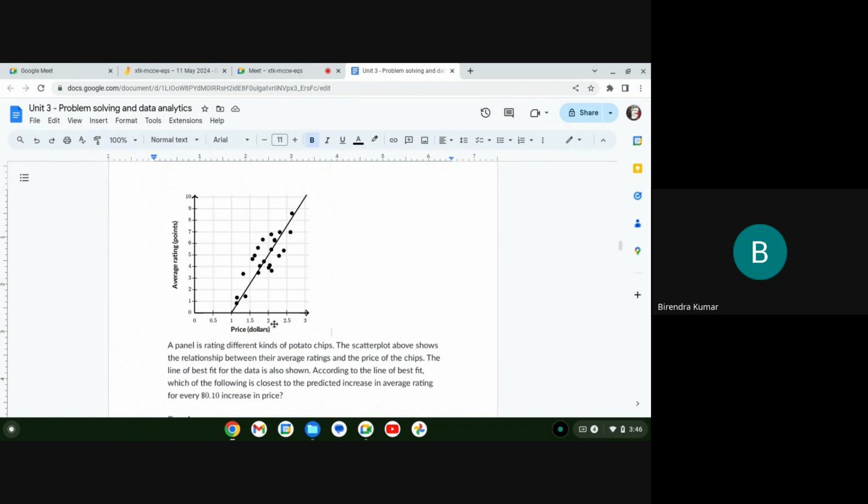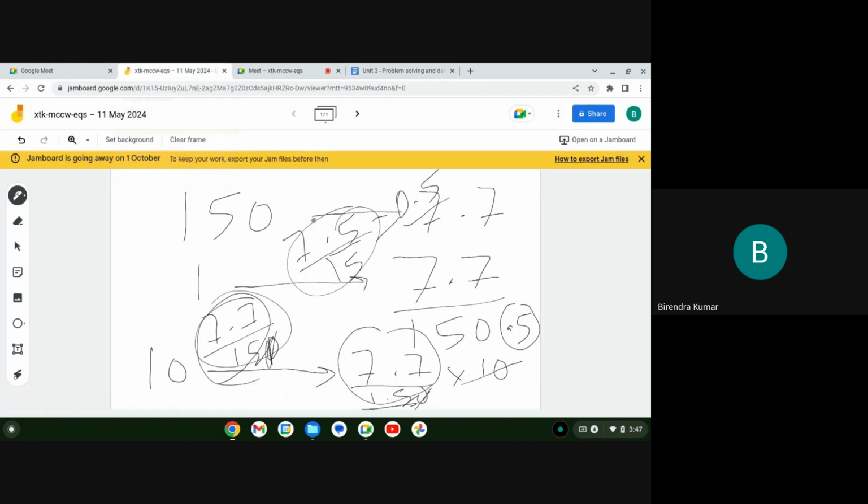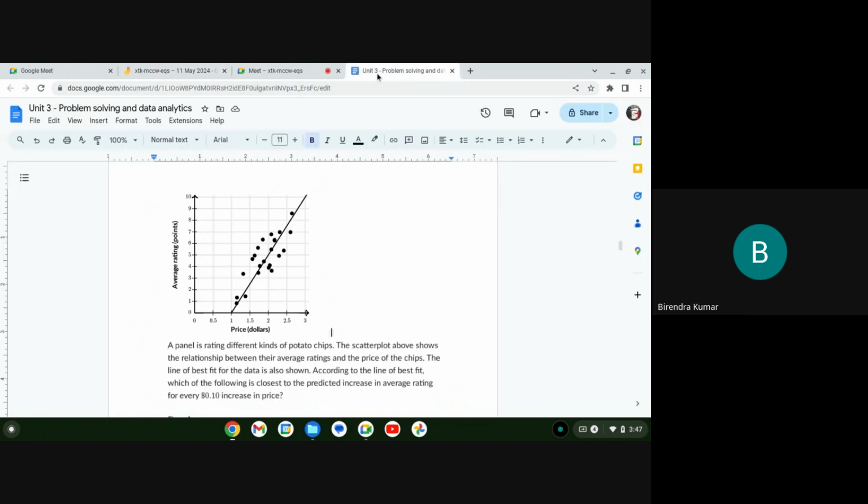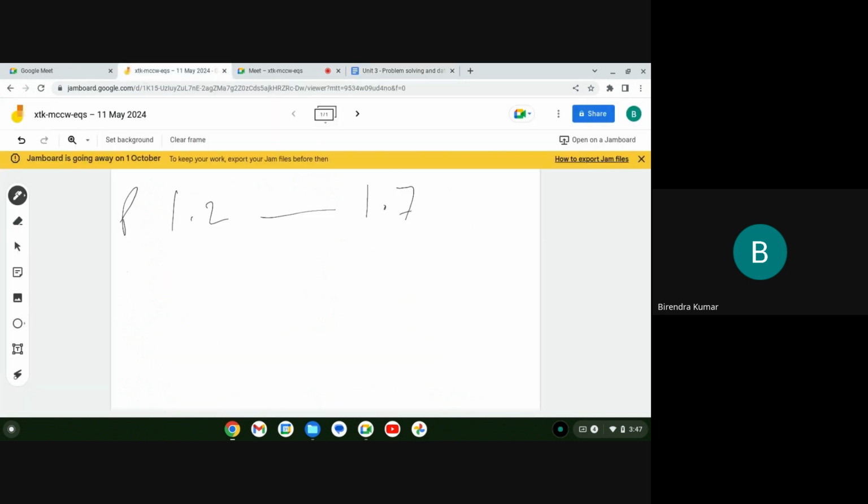That's what it looks like. My price goes from 1.2 to 1.7, and my rating goes from close to 1 to 4. This is price, and this is rating.